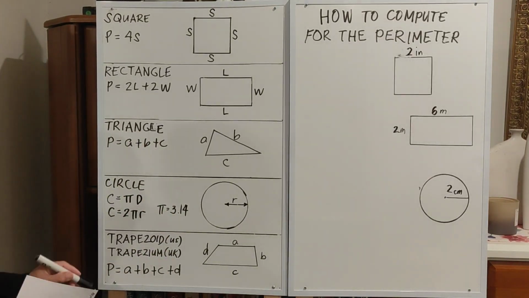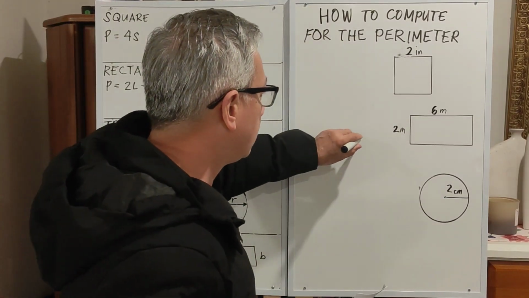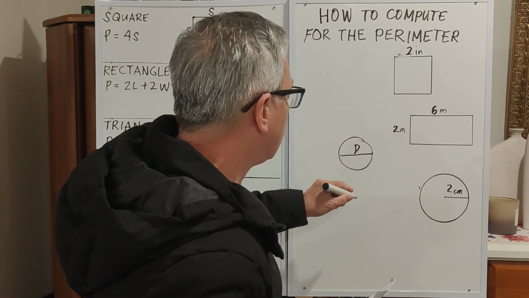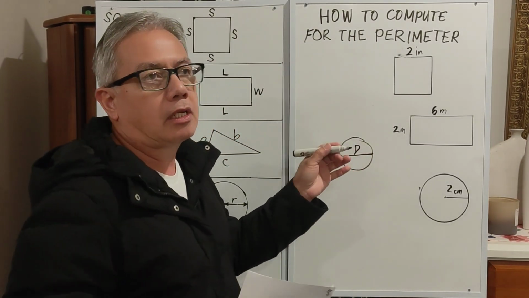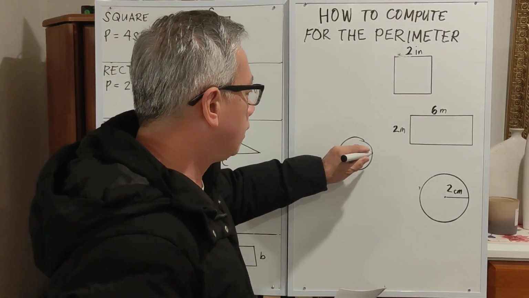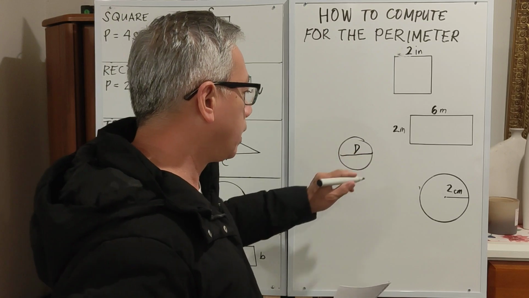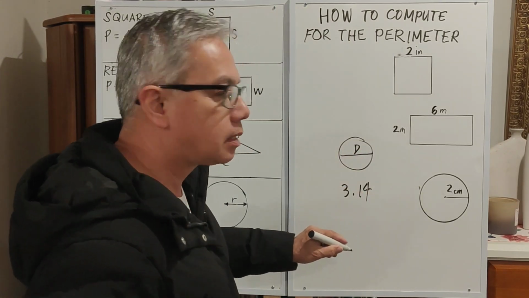For the circle, mathematicians have noticed that if they measure the perimeter of a circle, which for circles they call circumference, it is always 3.14 times the diameter.